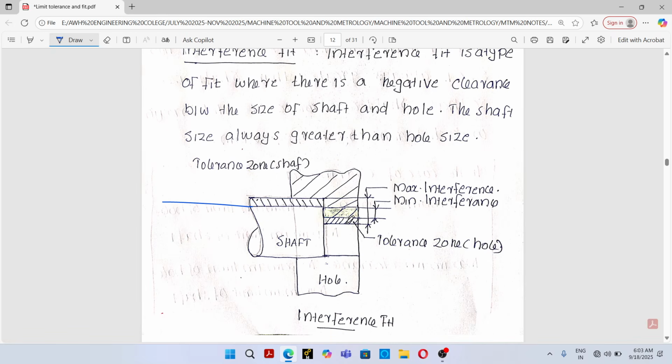So this is hole tolerance, lower limit of hole, upper limit of hole. This is shaft tolerance, lower limit of shaft and upper limit of shaft. So here you can see the lower limit of shaft will always be in an upper position than upper limit of hole.